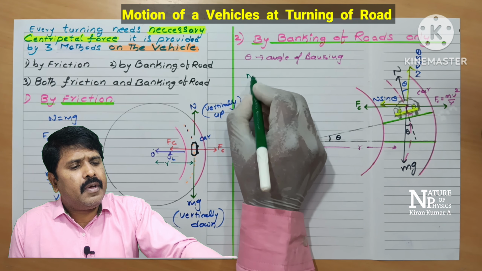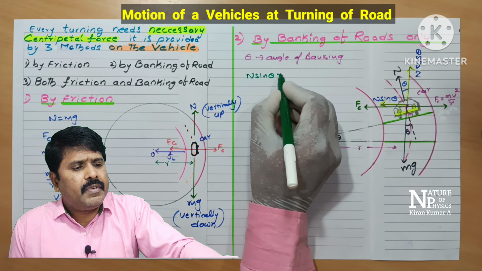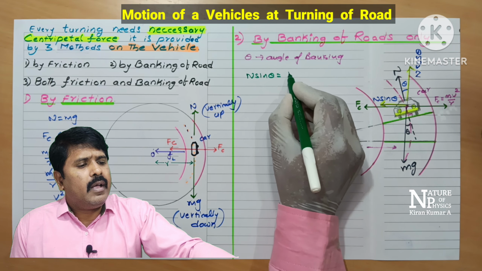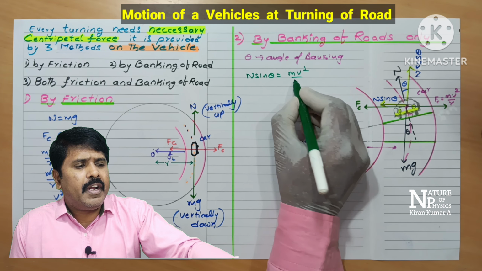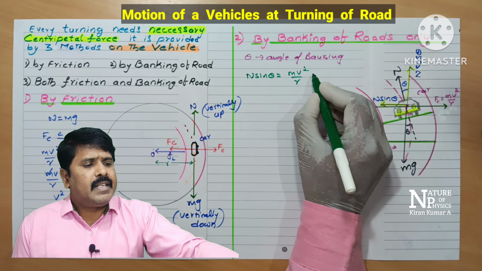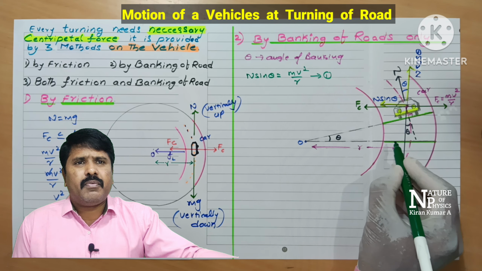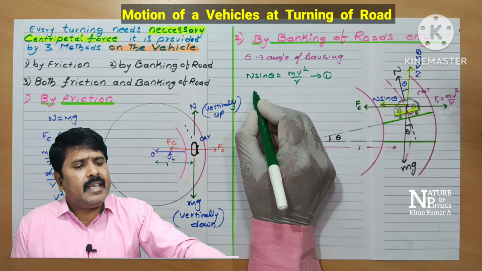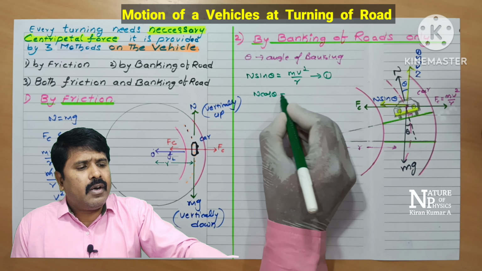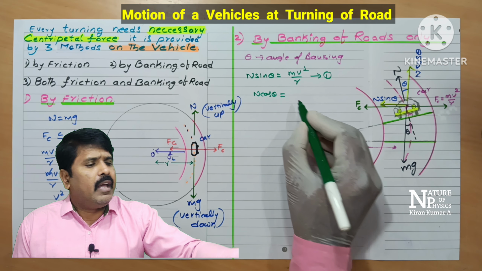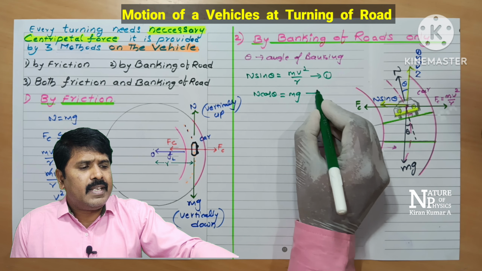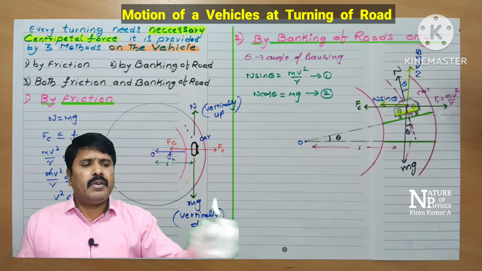First one is N sin theta, which is equal to mv square divided by r. This I can write as equation number 1. And next, N cos theta is balanced by mg. This I can write as equation number 2.